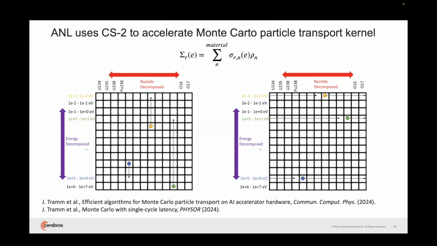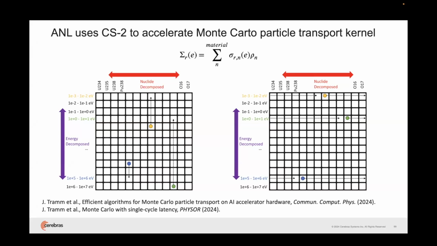Each of those nuclides has a different density that it contributes to the overall material. And if you have a particle that's traveling through your material, there are all sorts of reactions it could do. It could cause a fission, a fusion, all sorts of things. Those different types of reactions are called reaction channels.